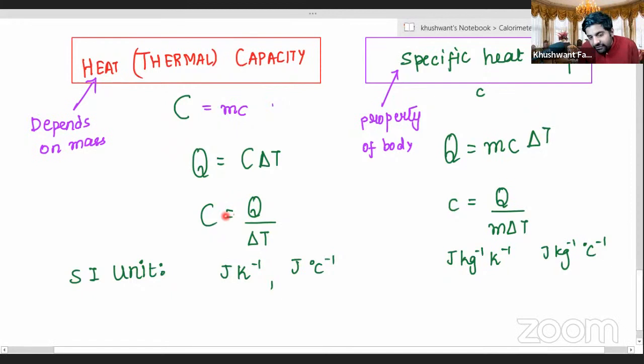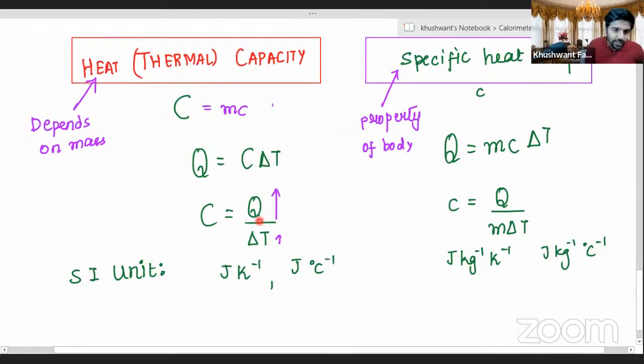Actually, hold is not a proper word for heat. Heat is always in transit, okay? So whatever heat can be supplied to a given substance, if that value is very large for a very small rise in temperature, then I will say there is a large heat capacity. Okay? There is no context of mass in this question.